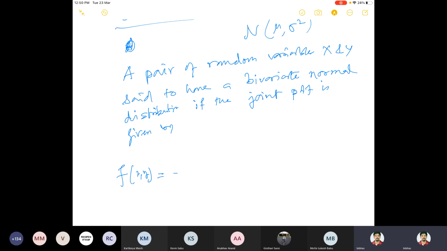So it is like this: 1 over 2 pi sigma 1 sigma 2 square root of 1 minus rho square.